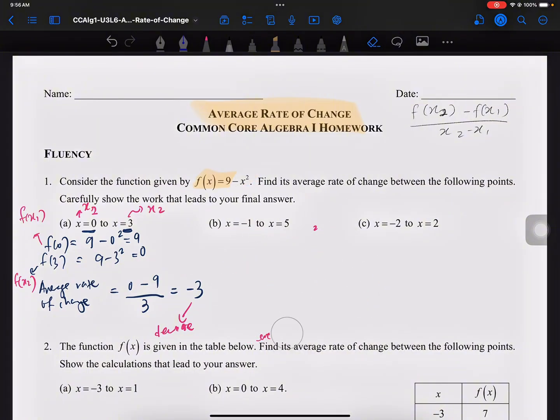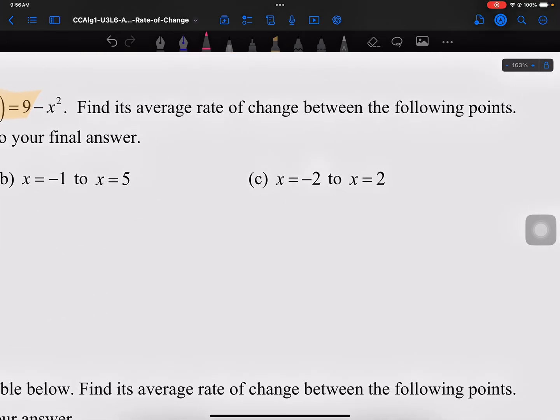Next, we want to see, substitute f(-2), 9 minus 4, which is 5. f(2), 9 minus 4, which is 5.